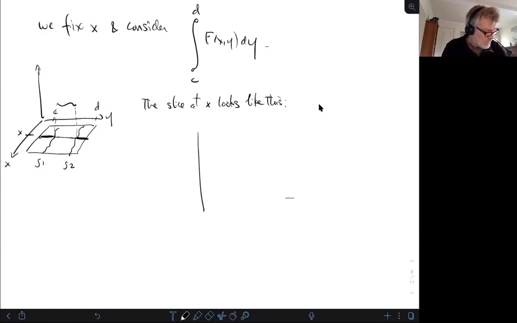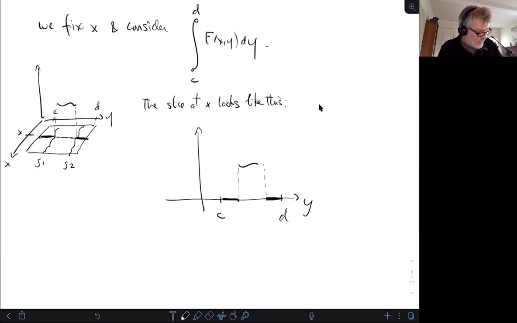Okay, so the slice at x, right? So now our variable is y, like this. We're going from C to D, okay? Now, the function big F is 0 over here, and it's little f over here.